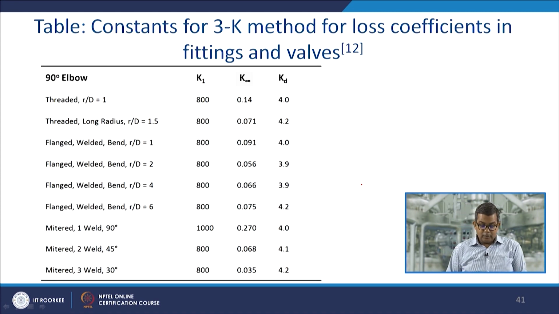Now this particular table enlists the constants for the 3K method for loss coefficients in fittings, and you can have a look at all kinds of 90-degree elbow, that is threaded, long radius, flanged, etc., and their respective values in terms of K1, K infinity and KD. So for your reference you can always use this.